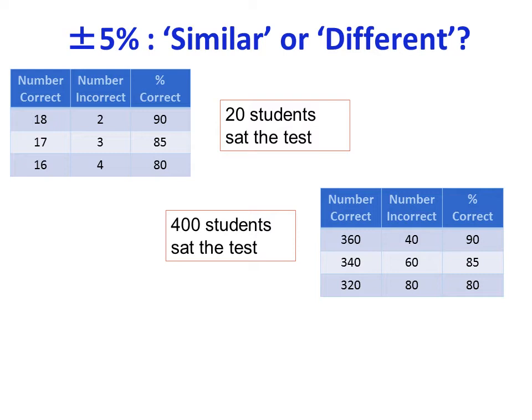So it's a decision you have to make for your school and for your situation about the percentage that you consider similar or different to the state, and that's going to depend on the number of students you've got sitting the test and on your priorities. What smaller difference are you going to be able to pay attention to this year?